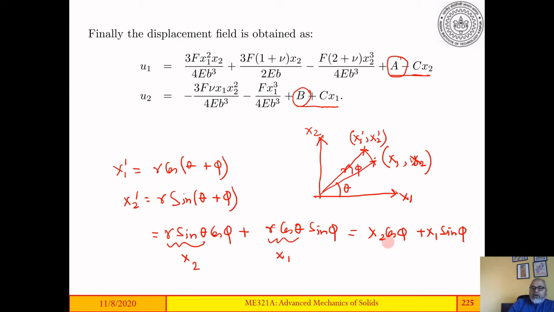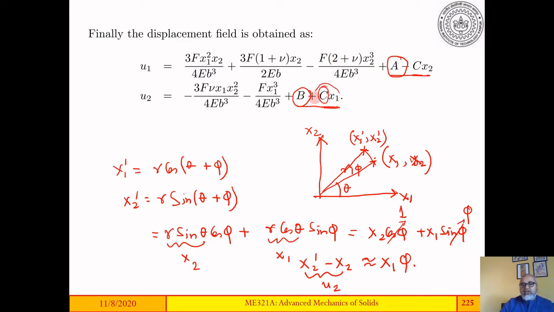Now if phi is small, cos phi is 1 and sin phi is phi, so x2 prime minus x2 will be almost equal to x1 phi.